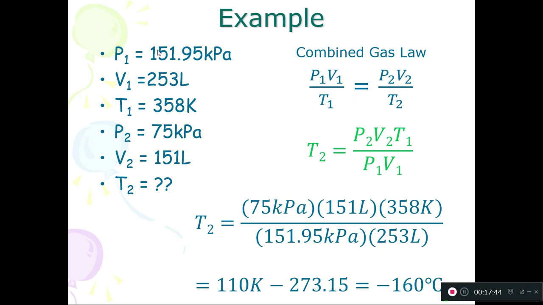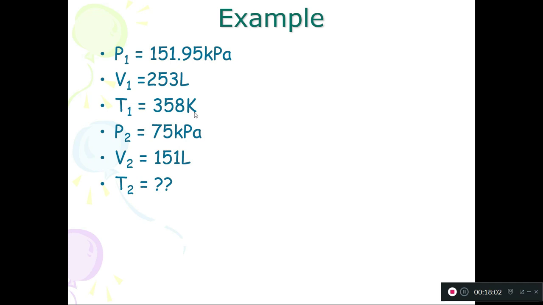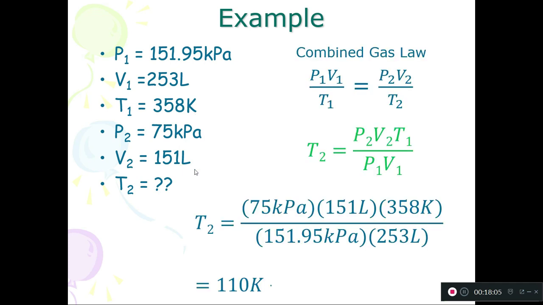In order for my pressure to go down that much and my volume to go down by that much, my temperature has to dramatically decrease from 358 down to 110, or from 85 down to negative 160. Crazy, crazy, crazy drop in temperature.